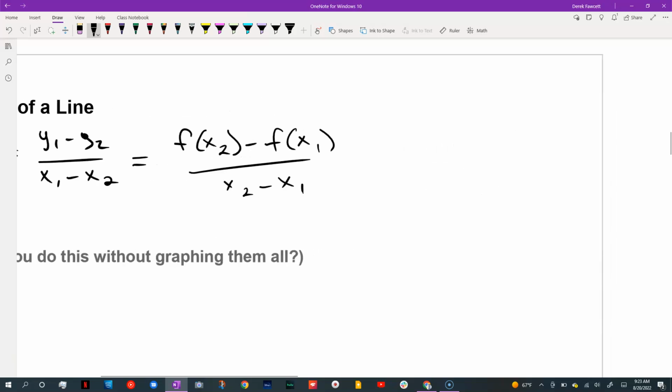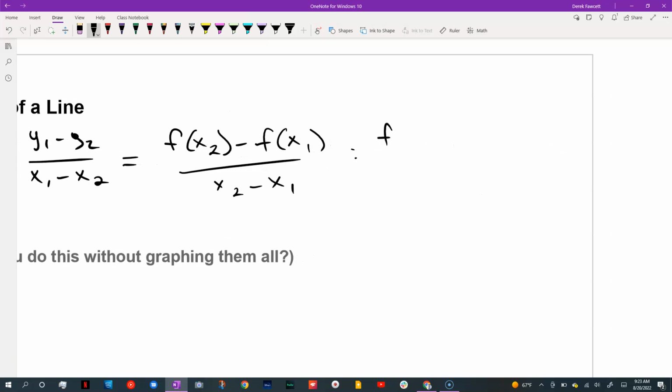That's where f of b minus f of a all over b minus a comes from, or vice versa: f of a minus f of b all over a minus b.